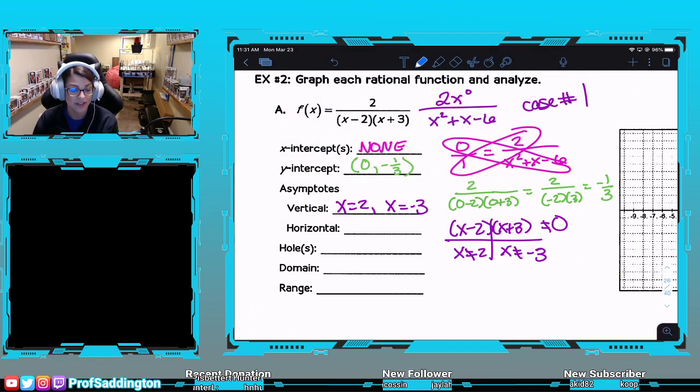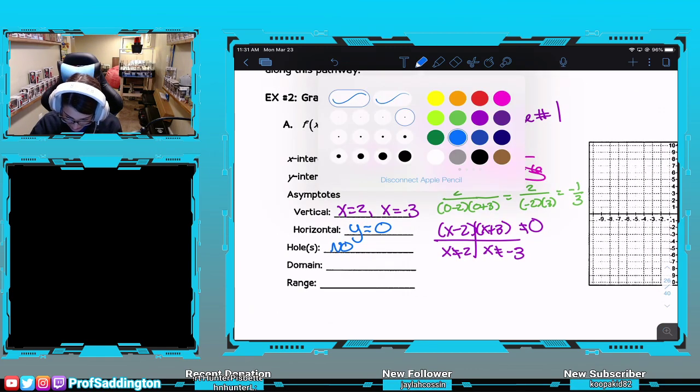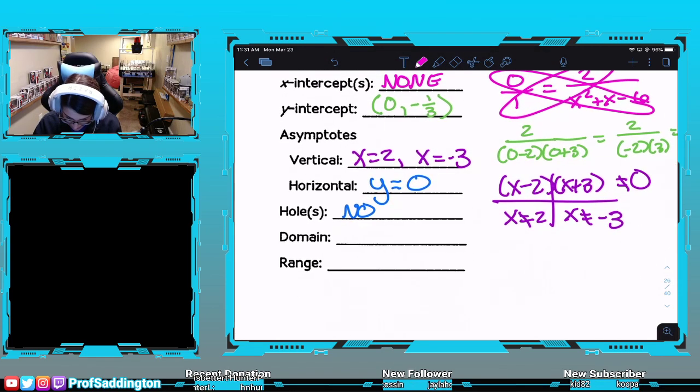Horizontal asymptote, because this was case number 1, it's going to be y equals 0. Holes, there are no holes for now. We're going to see some examples where there will be holes, but for this one, there is none. And let's think of our restricted domain, just like we did on the previous page. So we are going to be using our vertical asymptotes in this case to help us out.